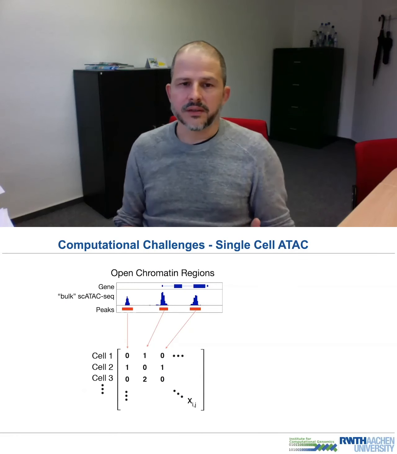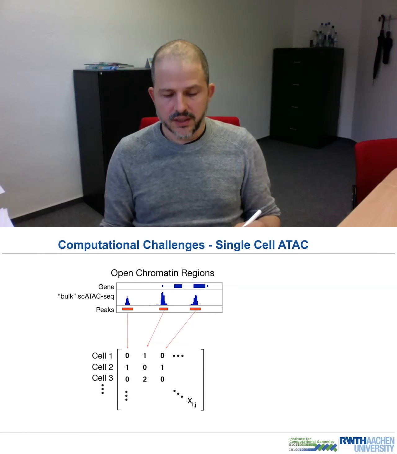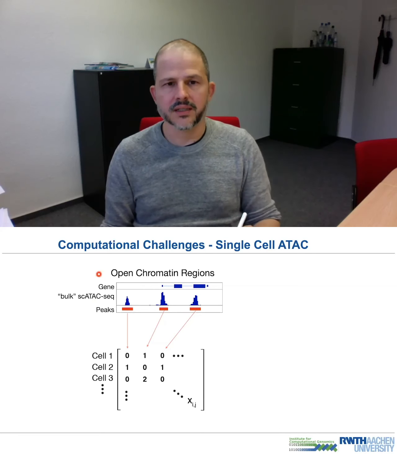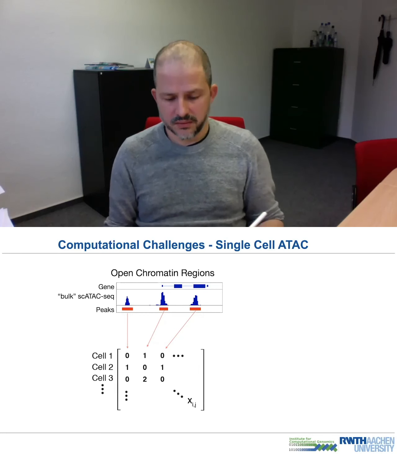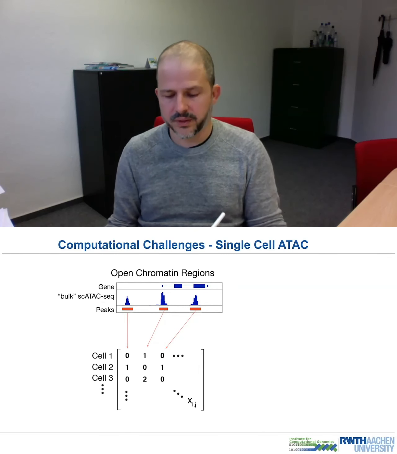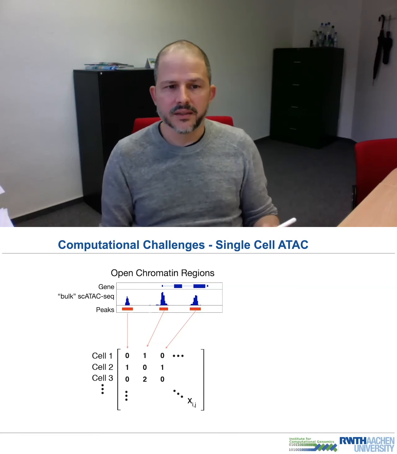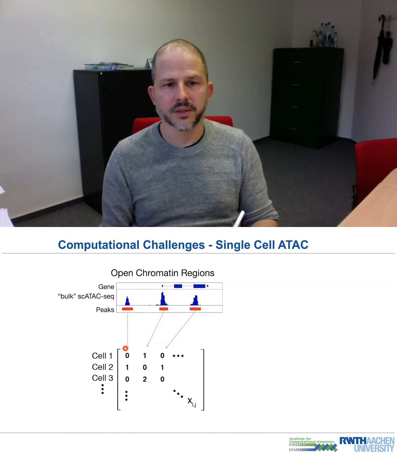Actually, the first part of the talk is going to focus on this open chromatin matrix. So usually the way that you can obtain this, you can combine your ATAC library as one. You can do, for example, peak calling, and this will be used to represent the regions which you have open chromatin in the cells. And then you go back to the barcodes, and then you can tell how many reads you're going to have per cell.